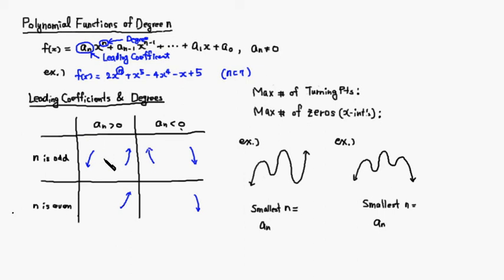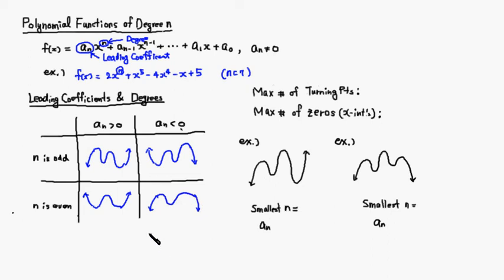But if you have an even degree n, then the left end and the right end are going to have the same behavior. So it's going to point up on this end, and since the right end points down here, the left end is going to point down as well. We can't be quite sure what's happening in between, so I'll just put some random pictures here. It goes up and down, and it should look something like that.